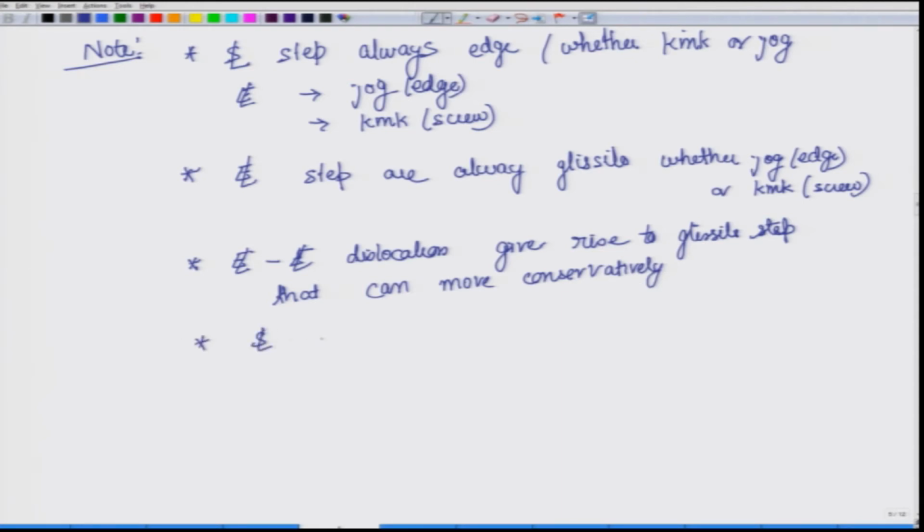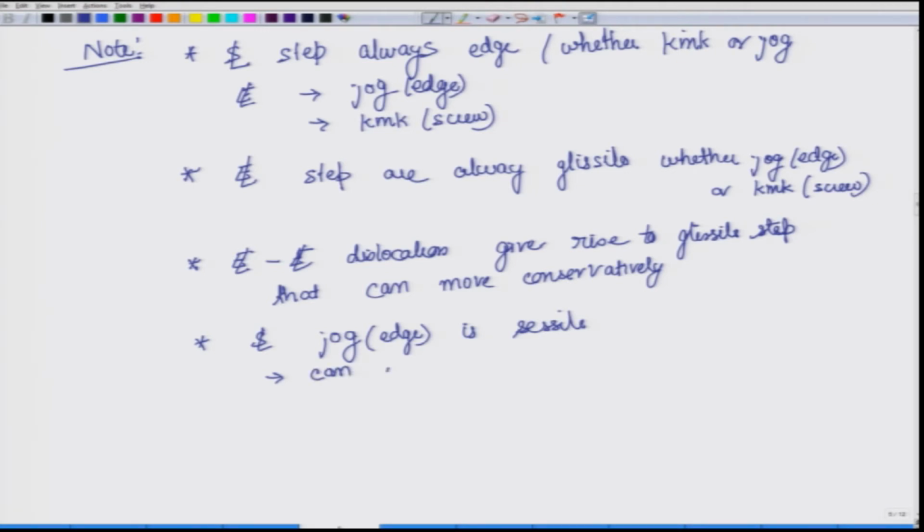On the other hand, screw dislocation is the most different in nature, in that a screw dislocation step will always have edge character, whether jog or kink. So, a screw dislocation jog is sessile. Remember that sessile does not mean it cannot move forward.